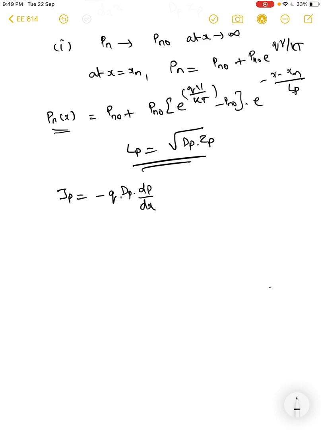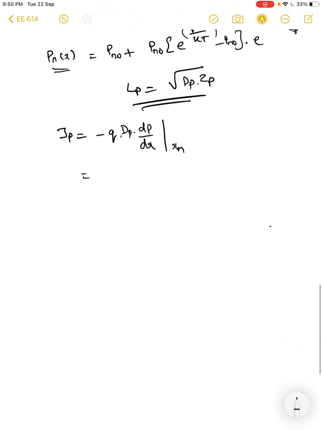The diffusion current is the same everywhere, so we are going to calculate it at xn, which is simplest for us because the term already has xn. So if I substitute the value of dp here, I get the current to be q Dp pn naught by Lp (e power qV by kT minus 1).